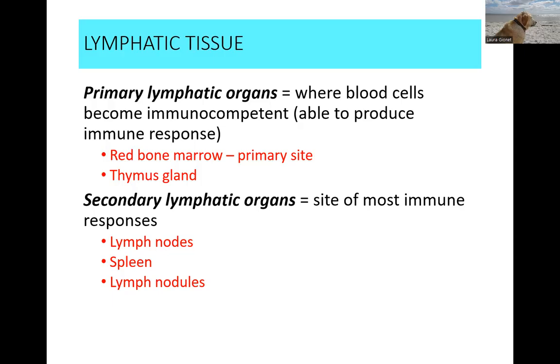All right, so the primary lymphatic organs are red bone marrow and the thymus gland, and the secondary lymphatic organs are essentially everything else, all the other structures, nodes, the spleen that also filters blood, kind of like a lymph node, but filters blood. All the other remaining organs, they're part of the secondary lymph system.